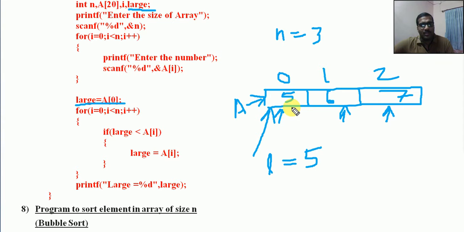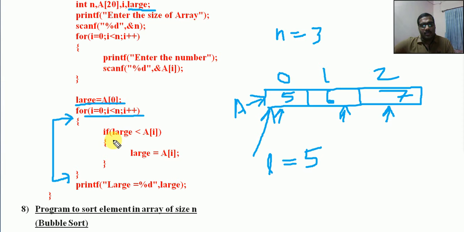This is actually not necessarily the largest one, but this is assumed as the largest element. Now we will look at the for loop where we are doing the comparison from 0 to n minus 1, from 0 to 2.